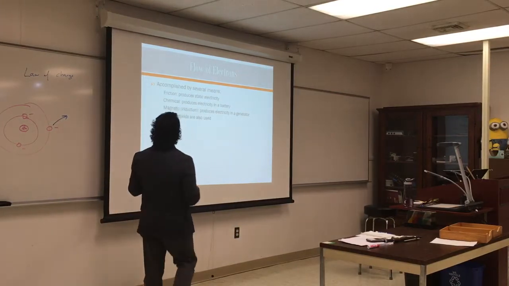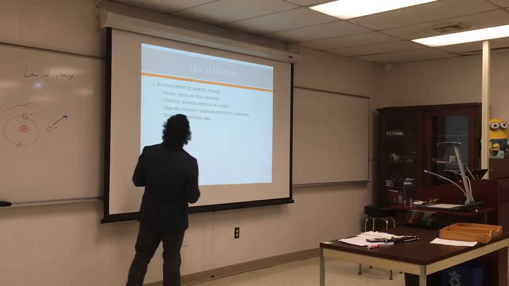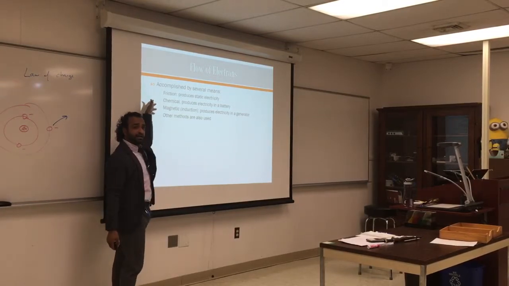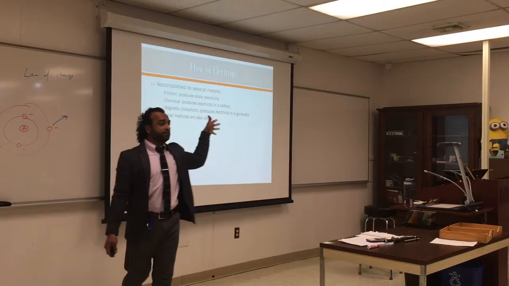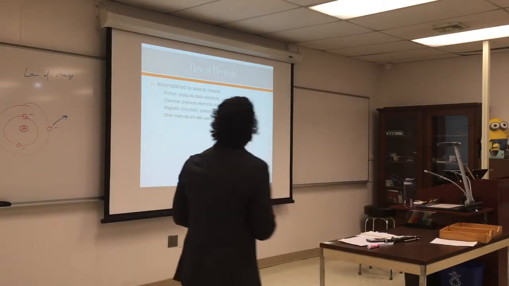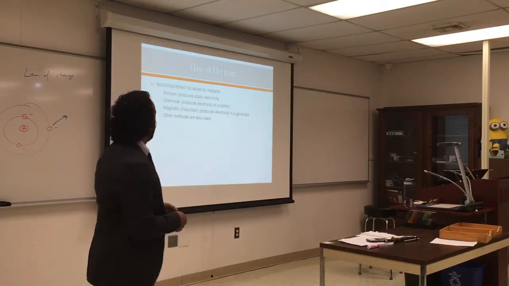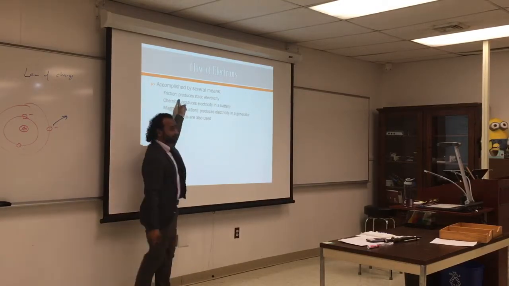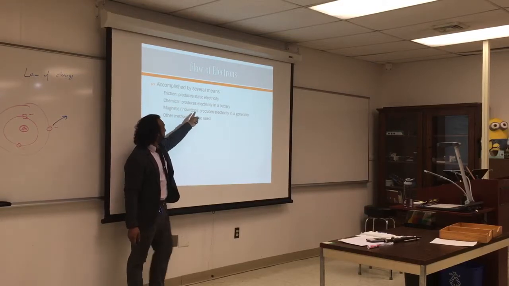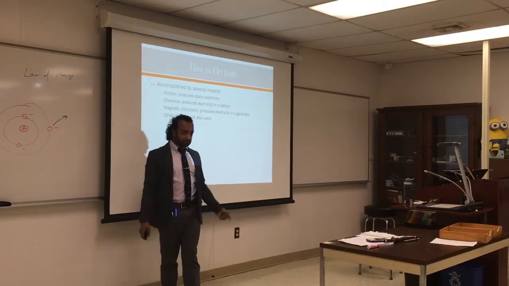So flow of electrons, which is electricity, can be accomplished by a few things. We talked about this last class: how do we generate electricity? Four things. Either friction, that's static, or chemical, which produces electricity in a battery.